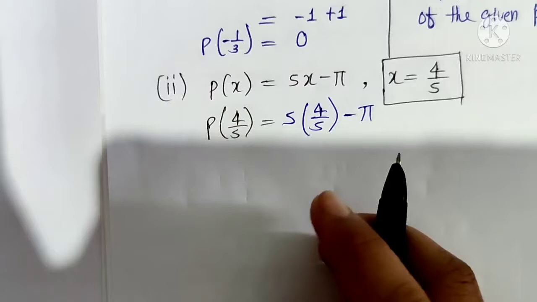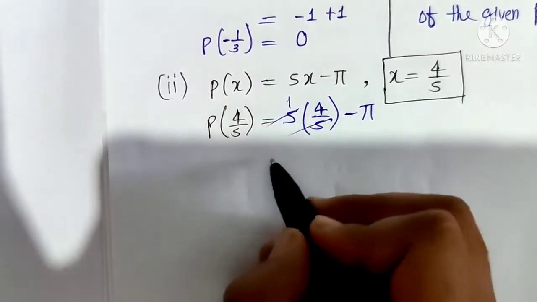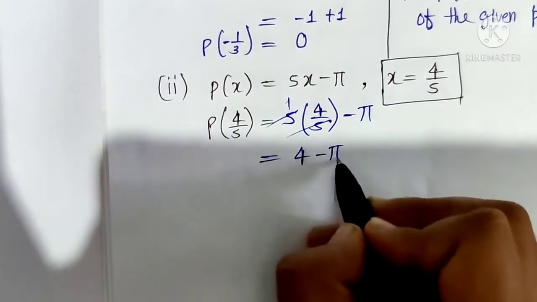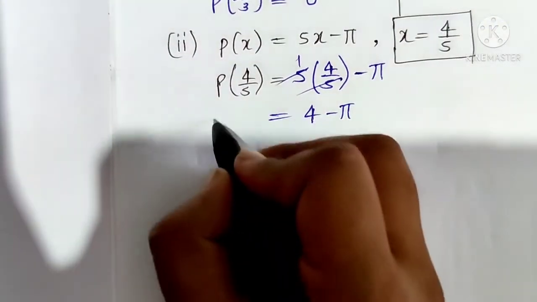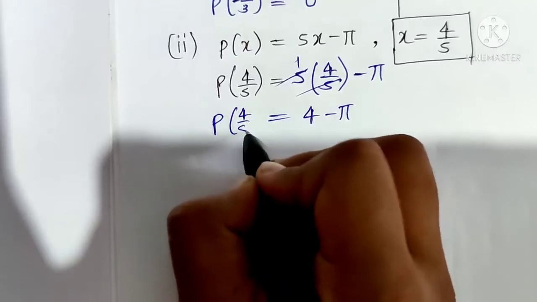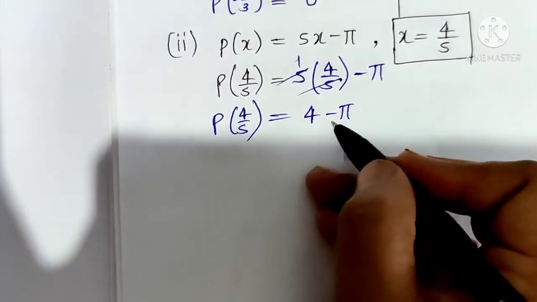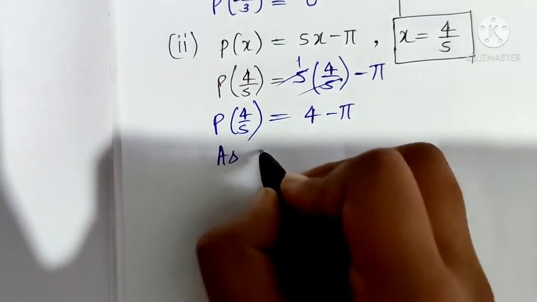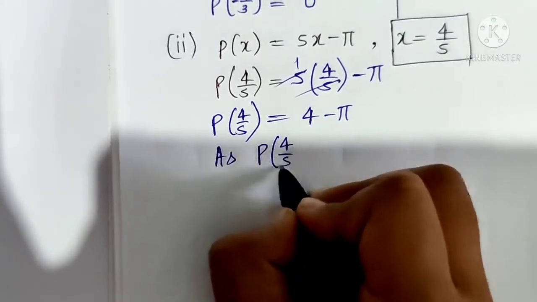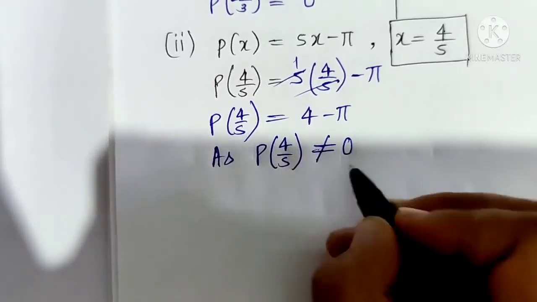Okay, now we will solve here. 5 ones are 5, so it leaves 4 minus pi. Now we can't subtract pi from 4, so it means p(4 upon 5) equals 4 minus pi, which is not equal to 0.